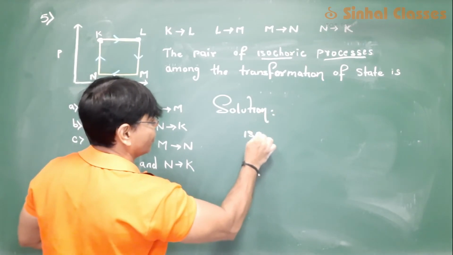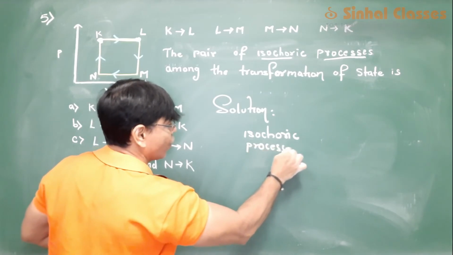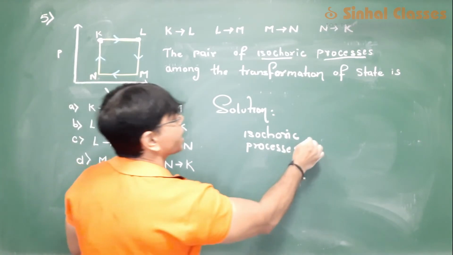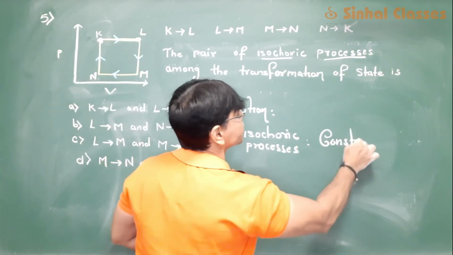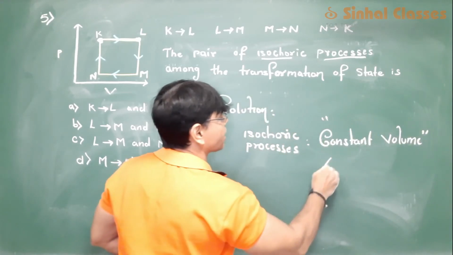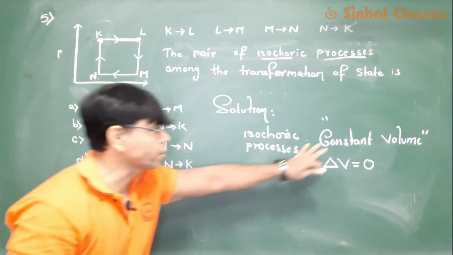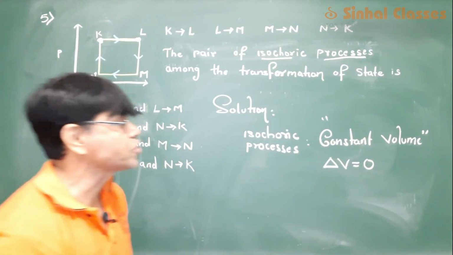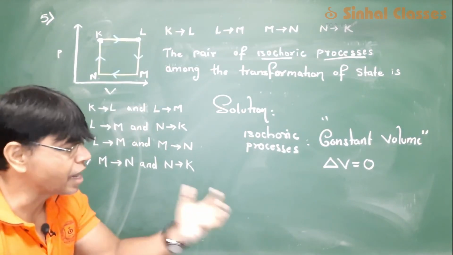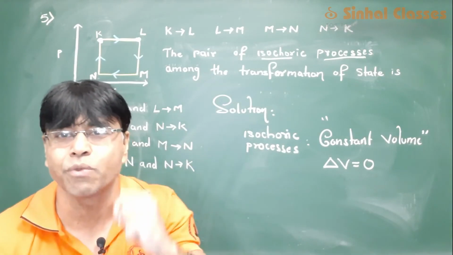Isochoric processes are those processes which are carried out at constant volume. That means delta V should be 0. So look at these conversions and tell me which conversion from one state to another has a constant volume.